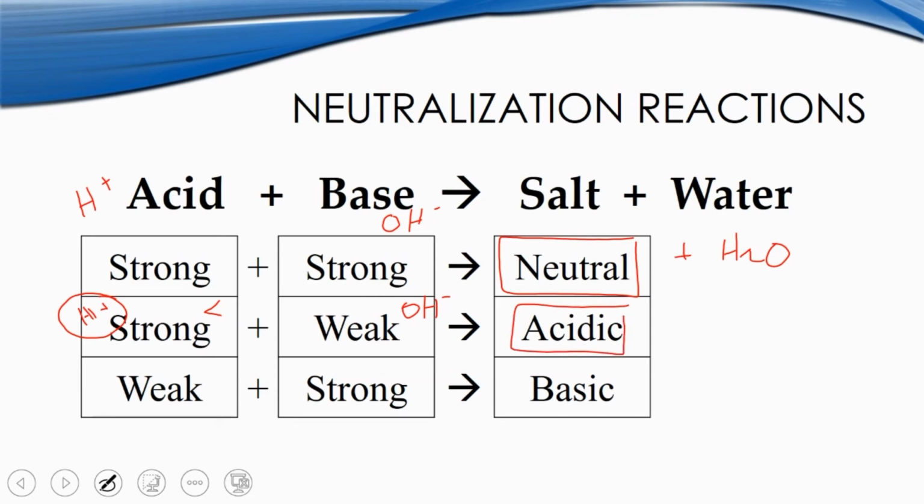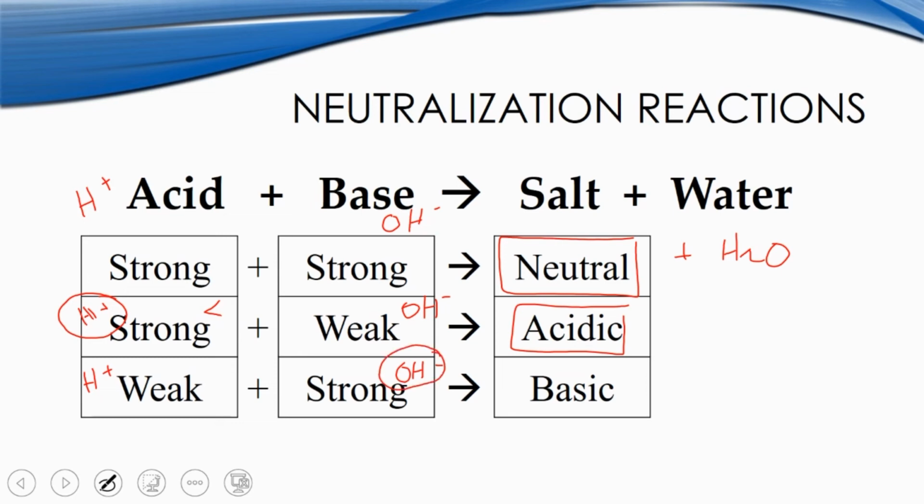Now, what happens if the scenario changes? What if the acid is weak and the base is strong? Well, we know then that all of the hydroxide ions are going to be dissociated, and not all of the hydrogen ions are going to be dissociated. So we're going to have a lot more hydroxide ions.